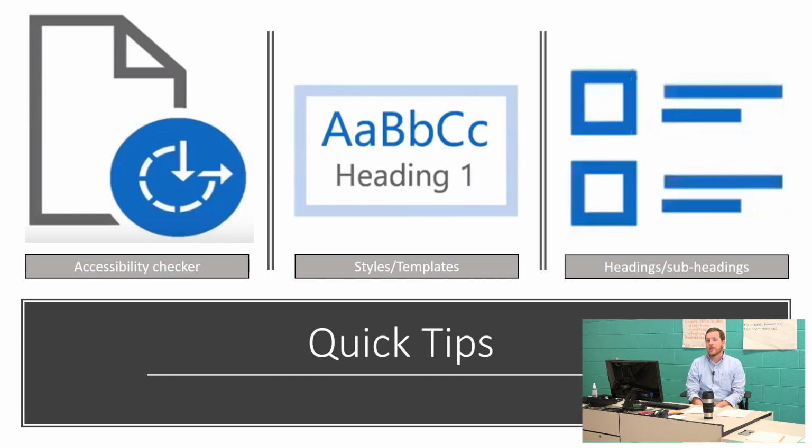Now, it's not going to catch every little thing, but it will catch most of it. I've created some sample documents that I knew were not accessible and ran them through this accessibility checker, and it's never missed anything in any of those. So I wouldn't count on it to be 100% accurate all the time, but it's a very, very helpful tool. So we'll look at that.